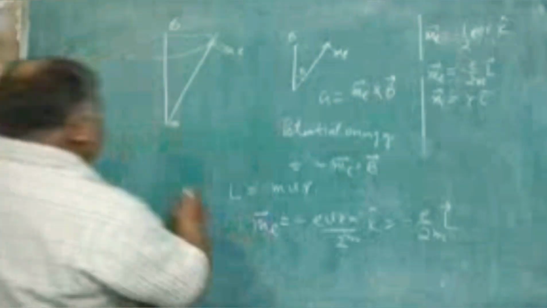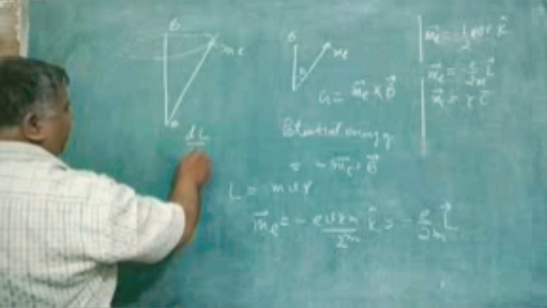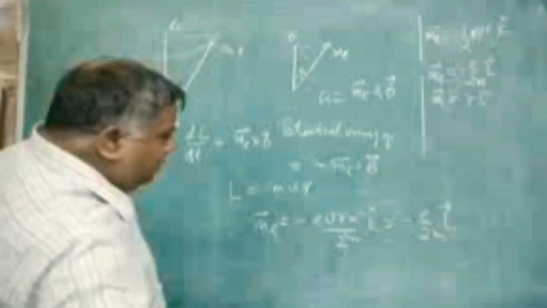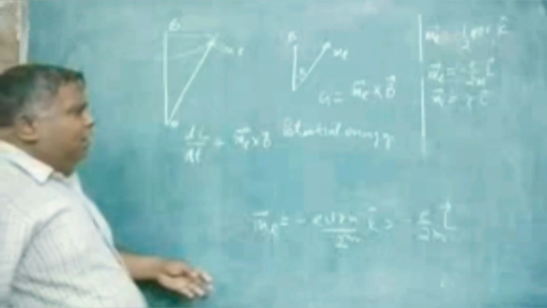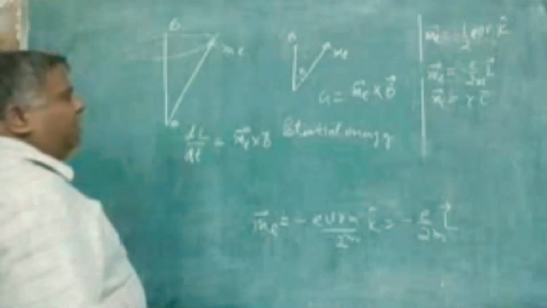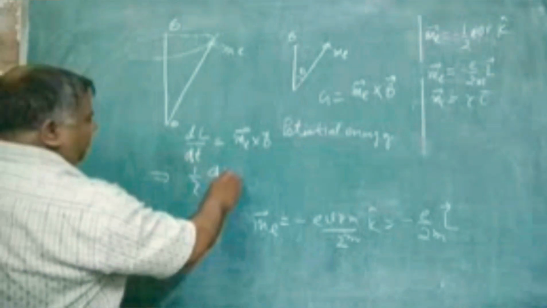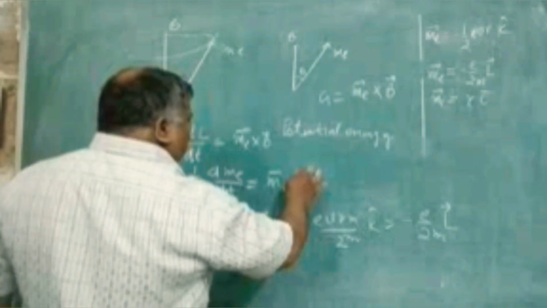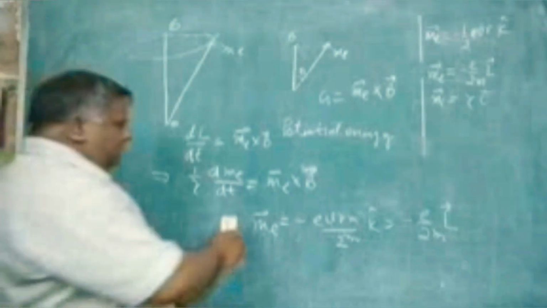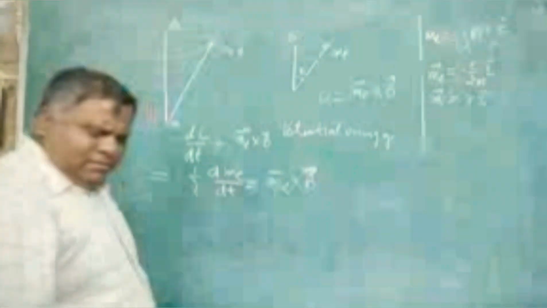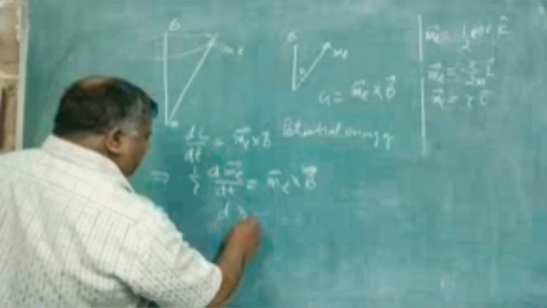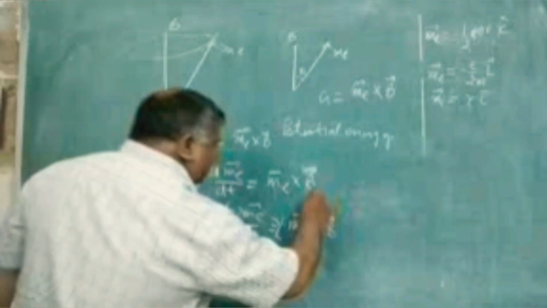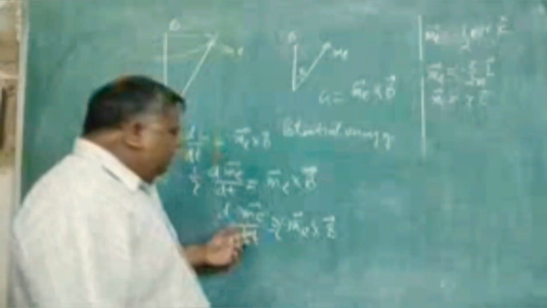So we can write the torque as dL over dt is equal to m_l cross B. And with the help of this relation, you can write this clearly.